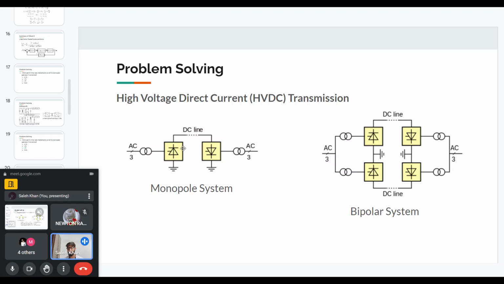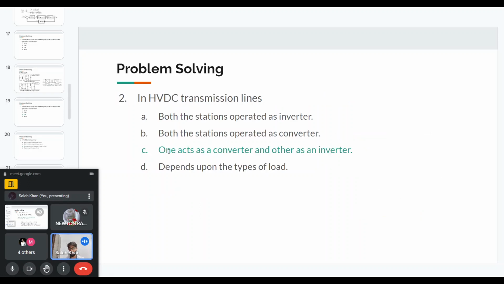So the point is, in HVDC transmission, we have an AC to DC converter at one side and a DC to AC inverter at the other side. So the answer to this question is that one station acts as a converter and the other as an inverter.